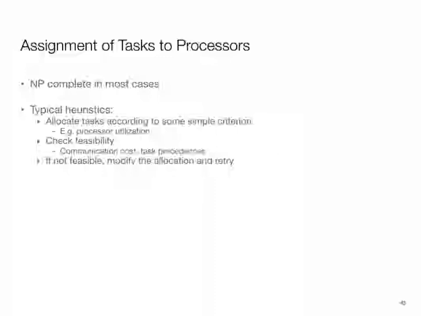Common goals are to try to keep the processor utilization uniform. So intuitively, the idea is that if I pack everything on one processor, then scheduling might be harder. If I distribute the load, then I would be better off. And there are a whole bunch of other heuristics that exist because there is no real theory there.